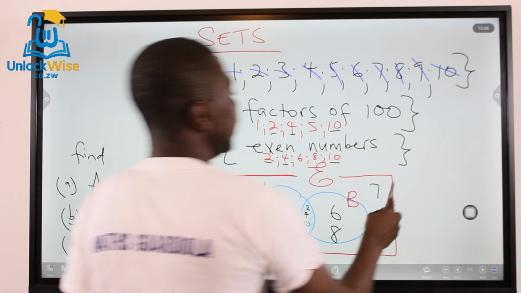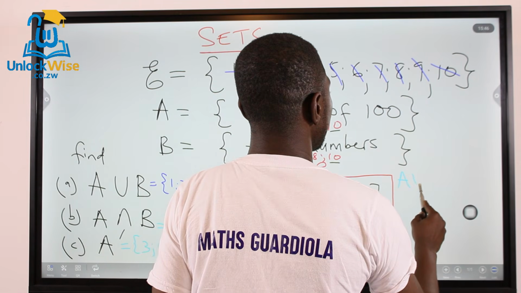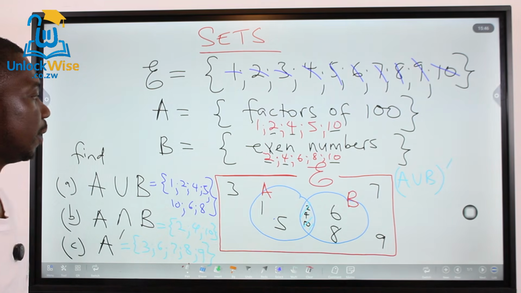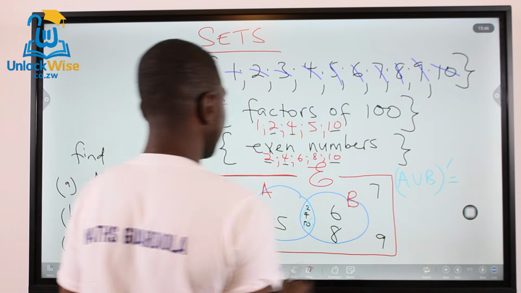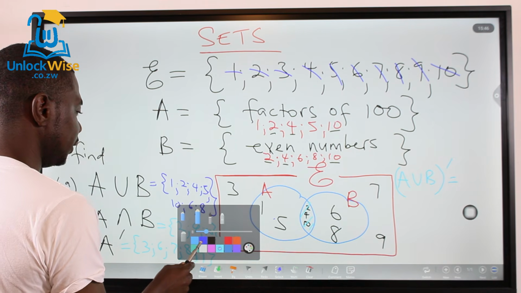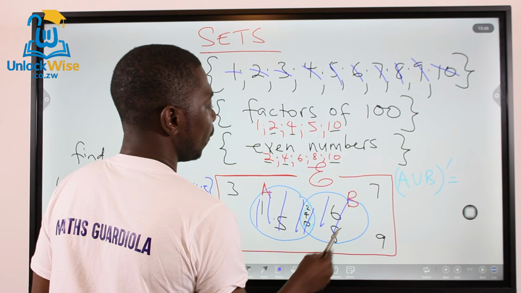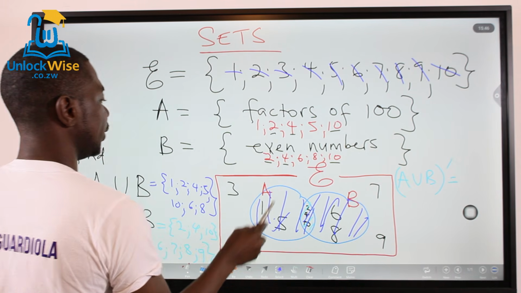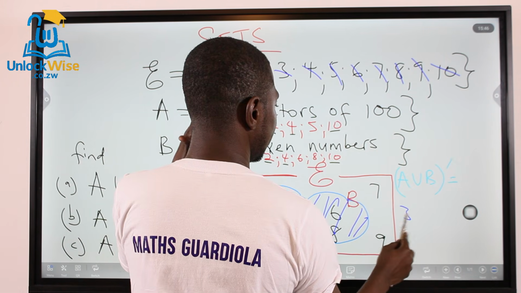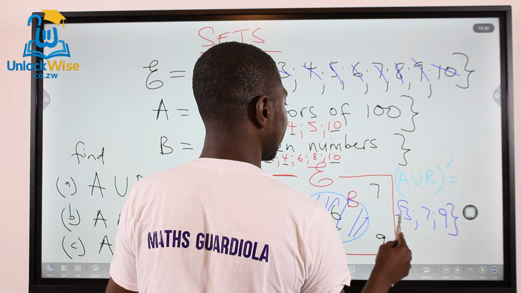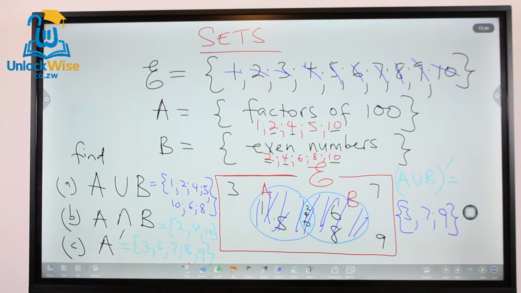You can even be asked A union B complement. What is not in A union B? The region which is A union B is this one. We want everything that is not in this region. So this is 3, 7, and 9. Okay. So let's hope you understand union, you understand intersection, you understand complement, right?